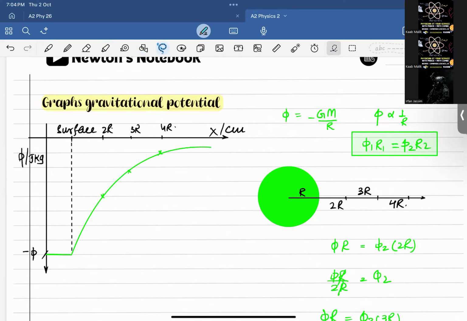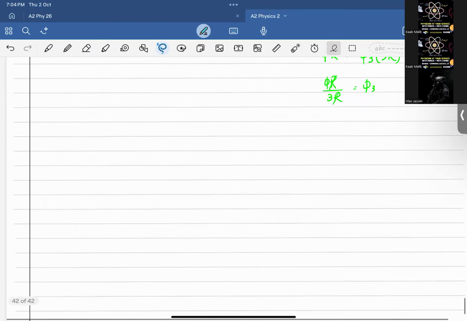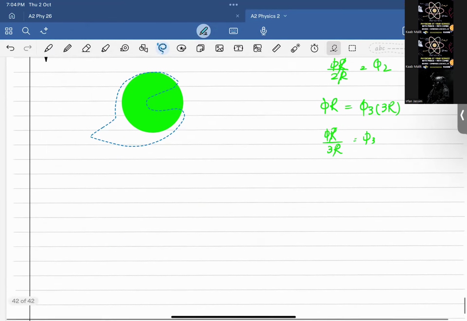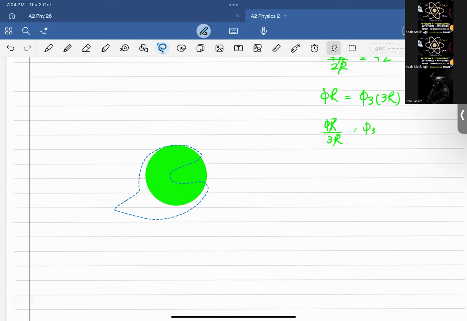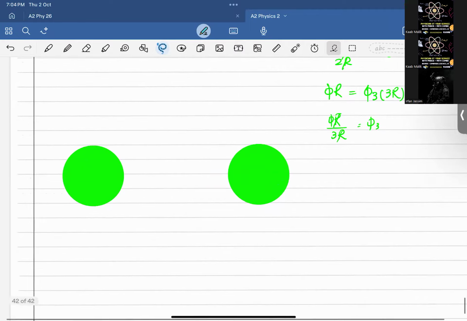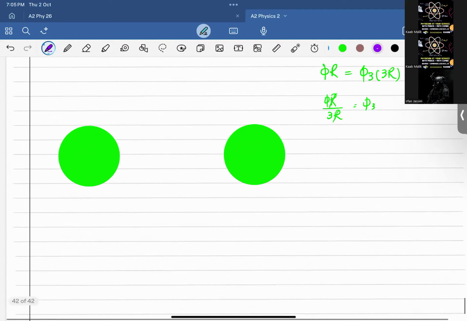Okay, fine. That's done. Now, if we talk about the two masses and the gravitational potential curve, let's say this is the mass, and this is another mass.